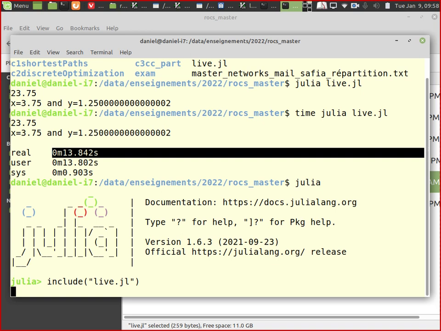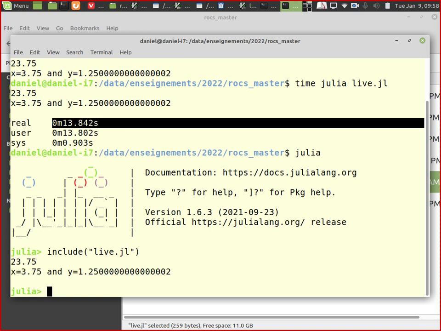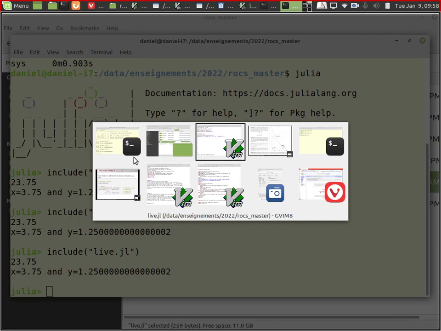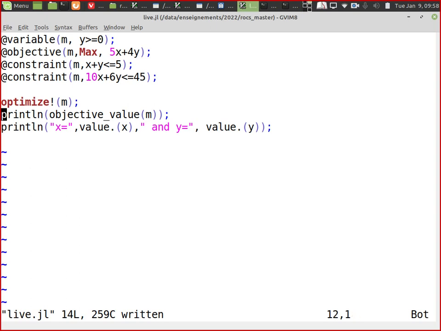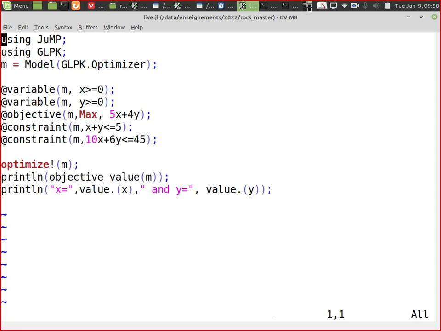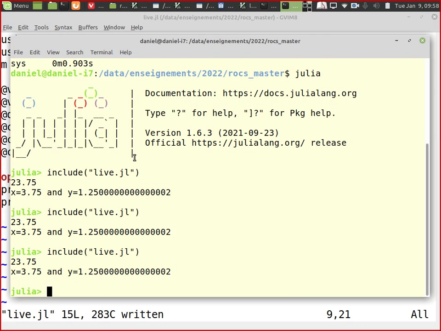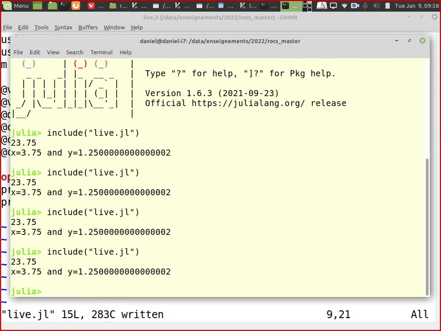It's taking a lot of time. But if you execute it the second time, it will be fast. It will do it right away. You don't have to wait. This means I can even start to change things here. We add a new constraint, whatever, and I can execute it. It's the same solution, but it's executed right away.